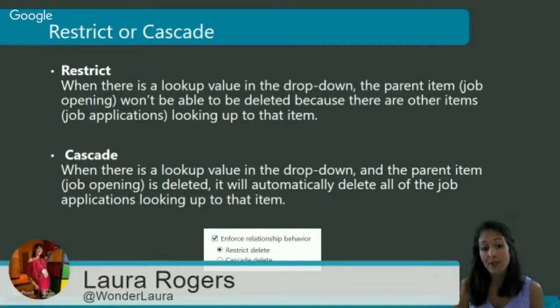That's the opposite of cascade. Cascade means if you delete that main job opening, it will automatically cascade down and delete all the related job applications to that job and anything else that's in any other lookups to that job.